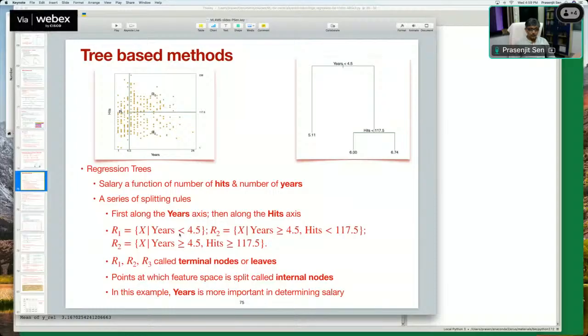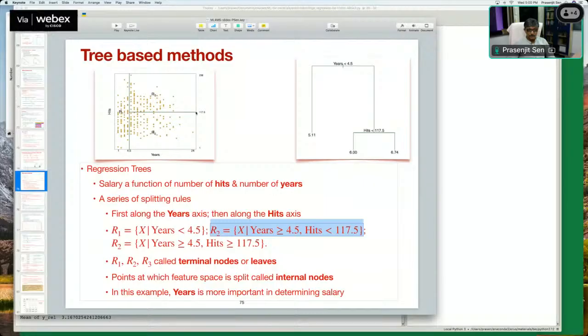So I divided it into two regions, R1, which is given by those samples for which the number of years is less than 4.5, and the region R2, the entire right side, so this is the first step. This entire region in the first step is R2, such that years is greater than or equal to 4.5. In the next step, I divide this right-hand region into two parts by dividing along the hits.